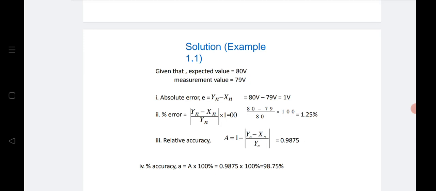If you calculate it, you will get 0.9875. The next one is percentage of accuracy, which is relative accuracy into 100. In this way you calculate your absolute error, percentage of error, relative accuracy and percentage of accuracy.